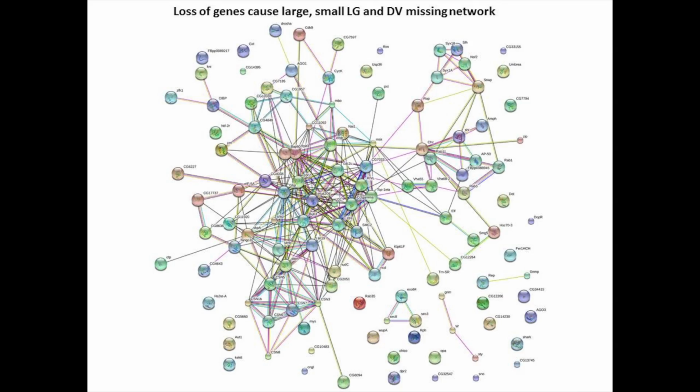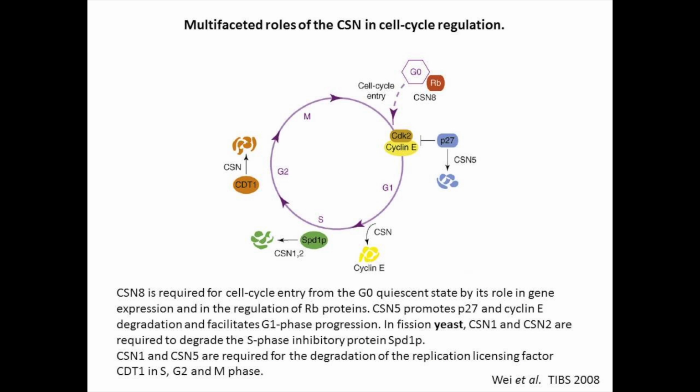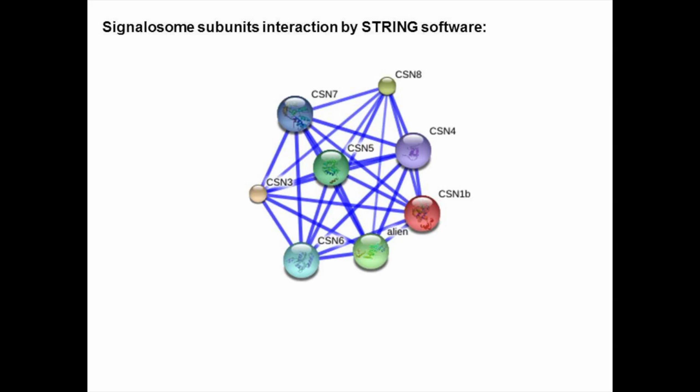Now, if you do an analysis of these genes, you find various clusters come up of who interacts with whom. And if you take, say, just one group of genes, the CSNs, which are the signalosomes, which are very important for cell cycle, one finds that in this 3 to 4 year period, by having people working in groups of 15 or 30, they don't know each other, they got random genes assigned to them, this is what they picked up.